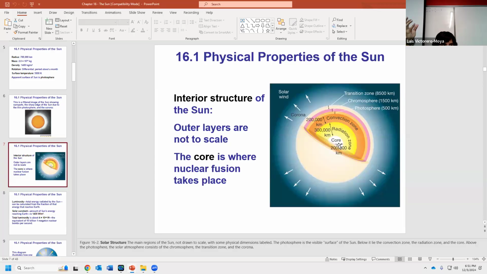Warm air goes up, cooler air goes down. In the convection zone of the sun, you have higher radiation going up, and then cooler material recycling it. As it approaches the radiation zone, it warms up again and goes up.